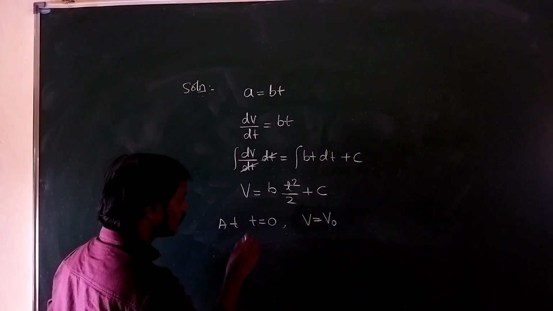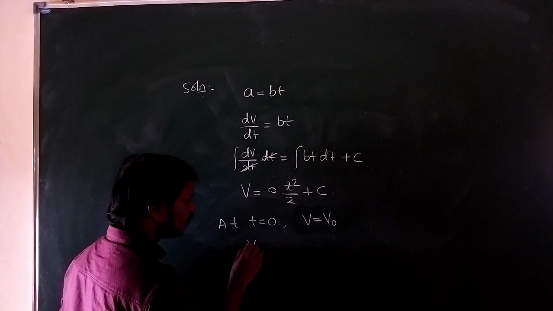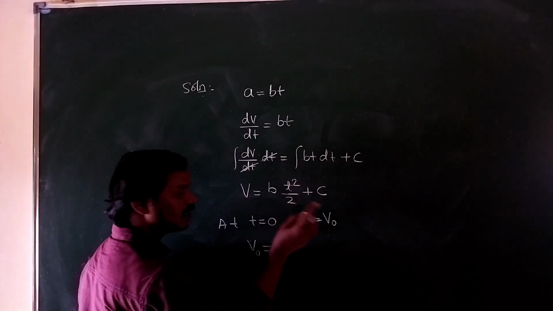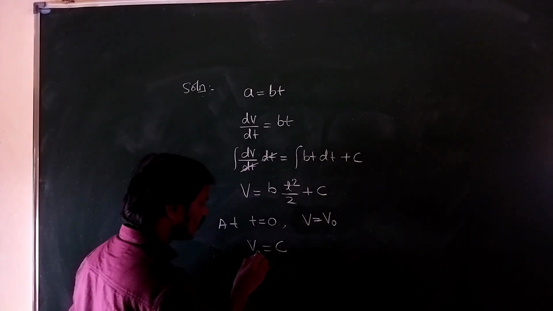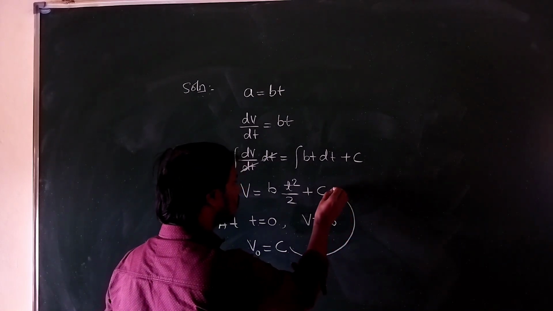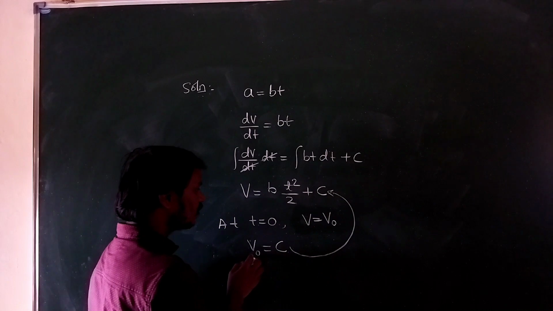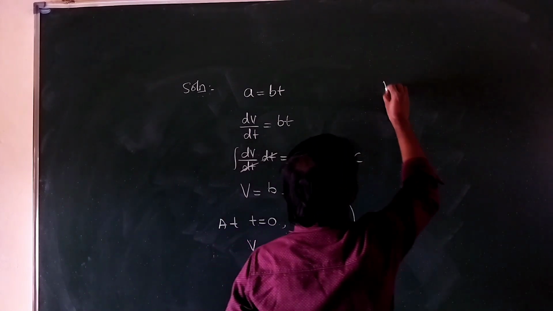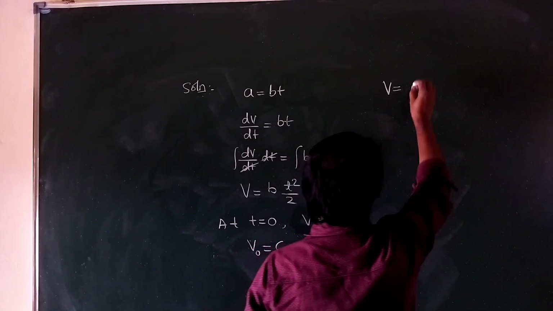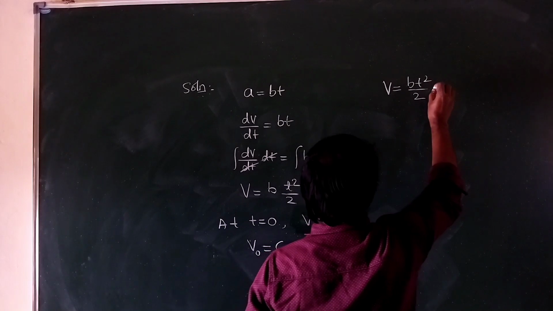Let us substitute t as 0 in this equation, then v is equal to v naught, b into 0 by 2 is again 0, then c. So v naught is equal to c. Let us replace c by v naught, then v is equal to bt square by 2 plus v naught.